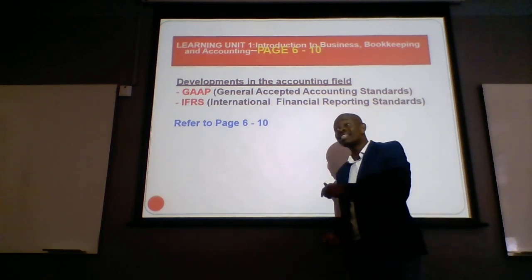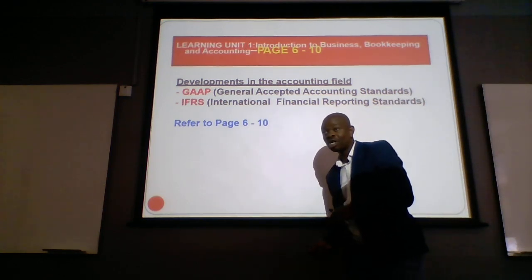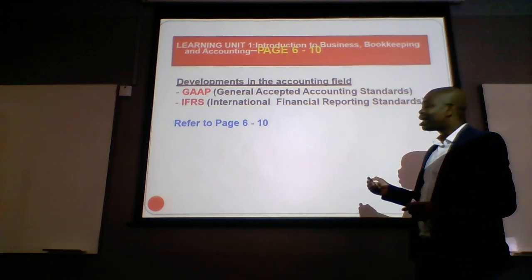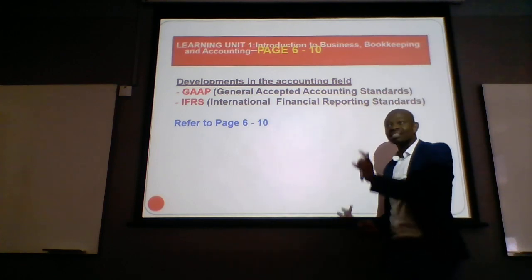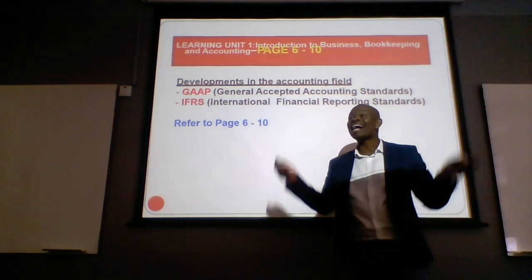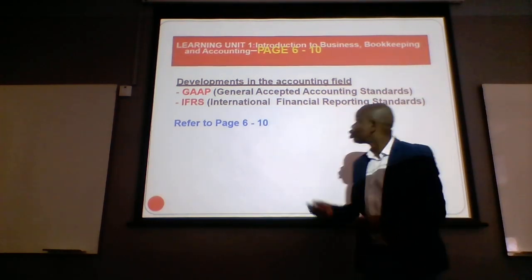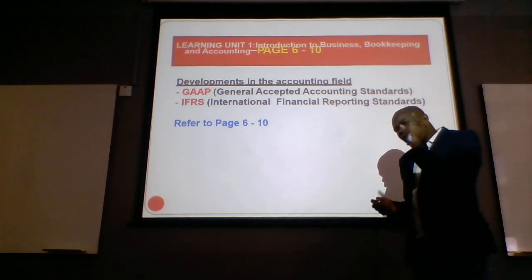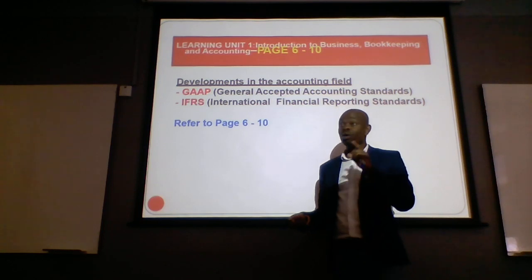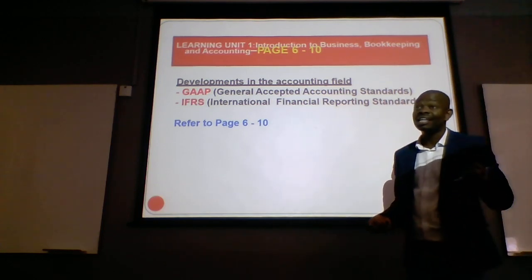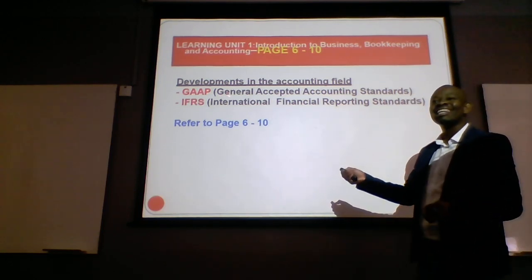If you go to the USA, there's a US GAAP. So these were local standards which tried to ensure uniformity amongst the participants in this accounting environment. They try to say we need to follow one thing. That's why if you don't follow it, when the auditors come, they say you need to make sure that you follow that particular standard.